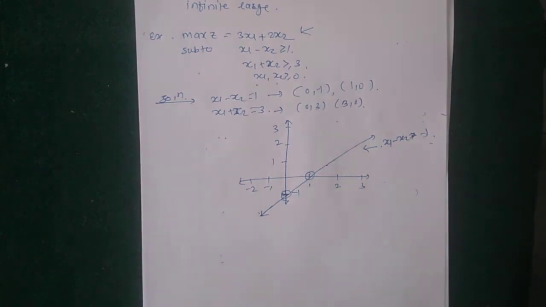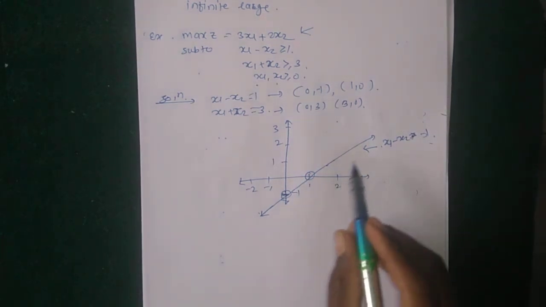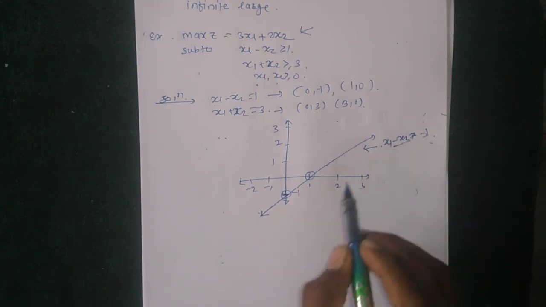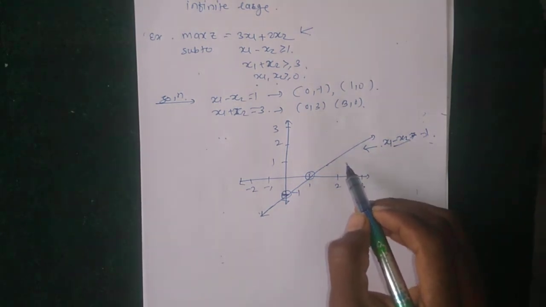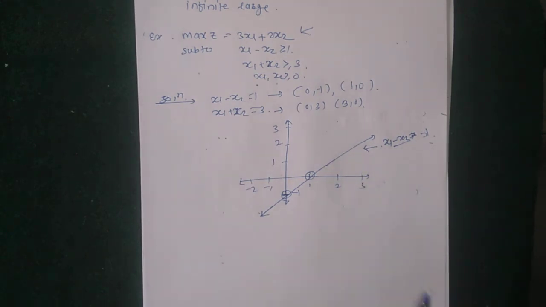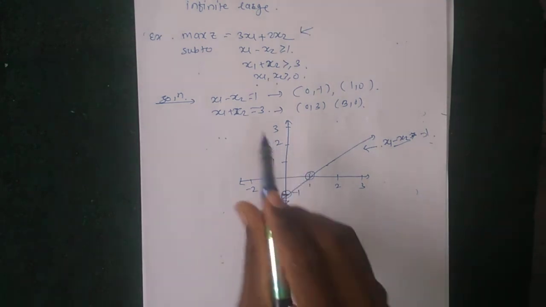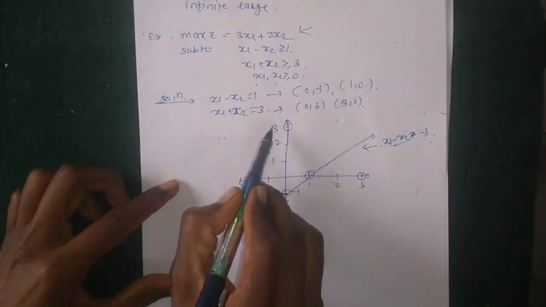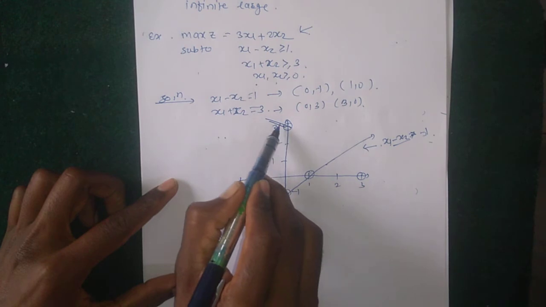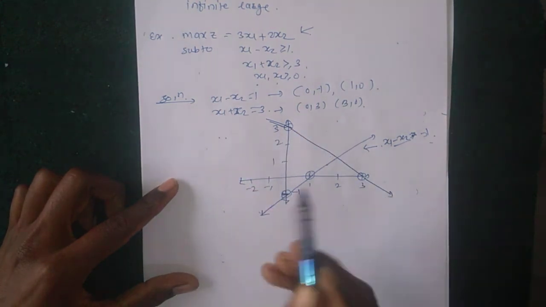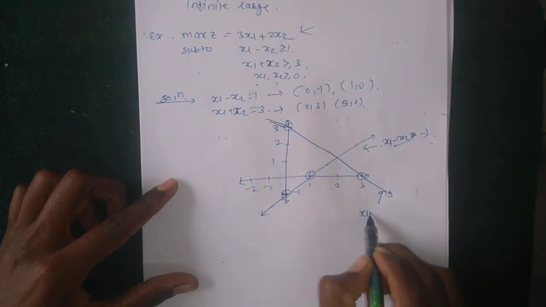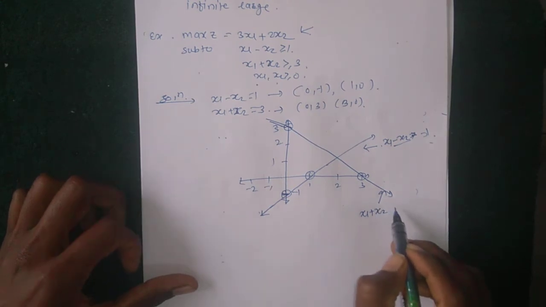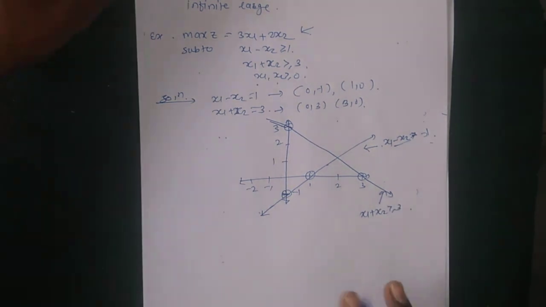Since it is a greater than or equal to constraint, the portion must be on the greater side. Okay, so this is one line. Then the next line is x1 plus x2 equal to 3. Join these 2 points, and this line is x1 plus x2 equal to 3.